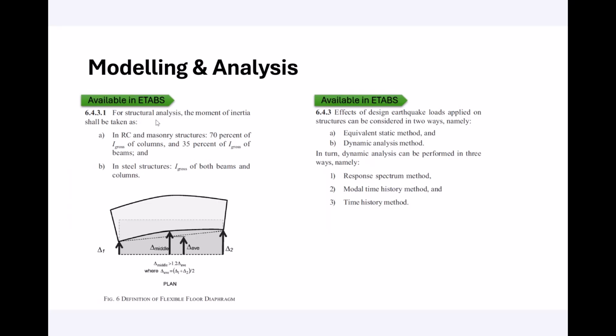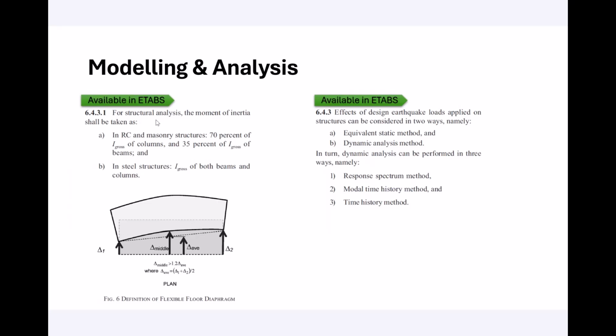So the first one is to have it permanent. Whenever you use that property, this property modifiers comes along wherever you model it. The other one is to replace the property modifiers if needed, or only you want to assign it to select members of the structure. So these two options are available to specify the stiffness properties for the analysis.